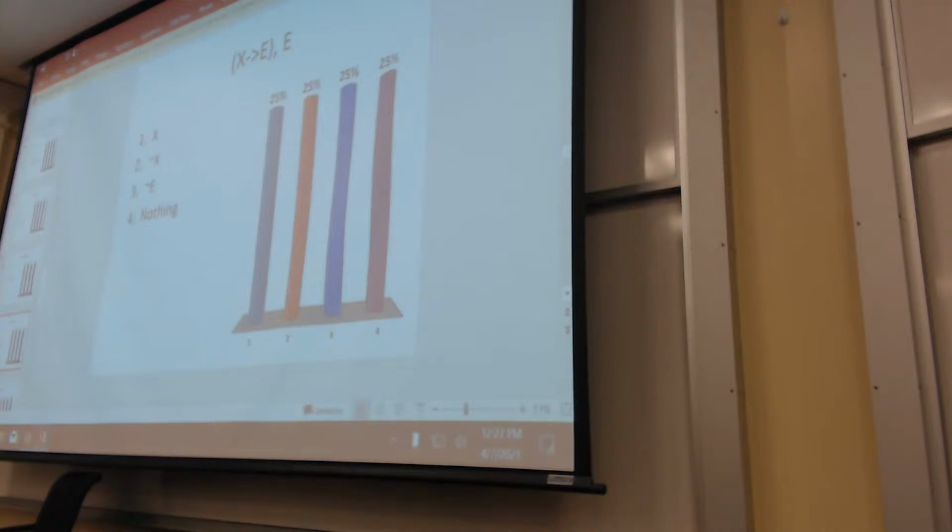Nothing. That's right. The correct answer is nothing. Why? Because having E doesn't say anything about this. Good. With an arrow statement, you either need to match the left side, you need an X, or you need the opposite of the right side, which would be a not E. And we got neither of those. So we get nothing.